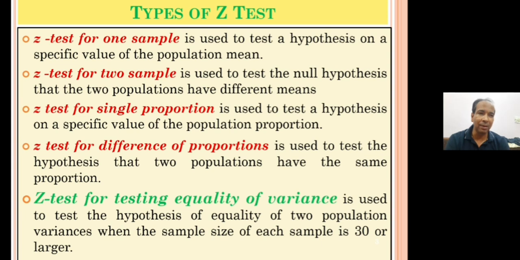Just remember, if the samples are small, that means below 30, then in the case of two variances the F test or ANOVA test will be applicable. At that time, Z test will not be applicable. But if the samples are large, then we would apply this Z test for large samples.